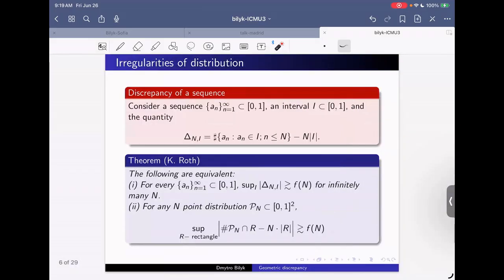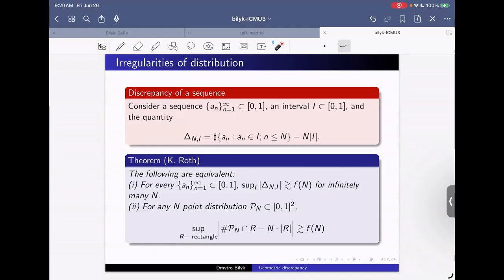Okay. And one of the last things I want to say about sequences is that Klaus Roth, whom we mentioned a lot in the first lecture, actually realized that this problem, understanding the bounds on the discrepancy of a sequence, can be restated.